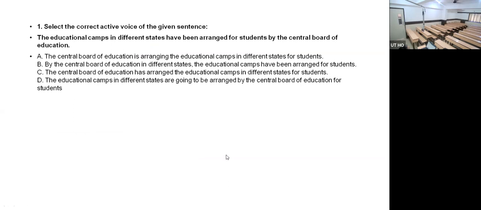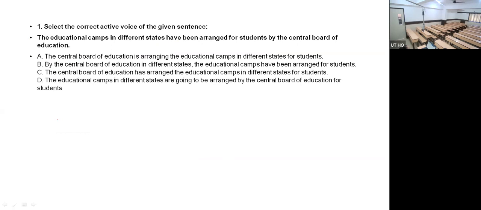So here we have to select the correct active voice of the given sentence. You are given a sentence, and you have to select the one which is in the correct active voice.